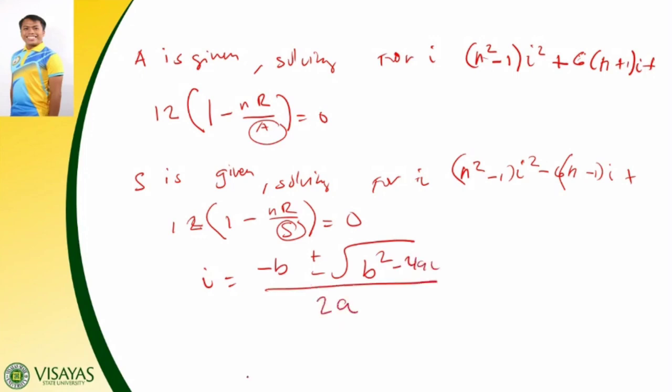To solve for the nominal rate, we have J equals I times m, where I is given and m is the number of conversions per year. So if semi-annually, 2. If monthly, 12. Okay?